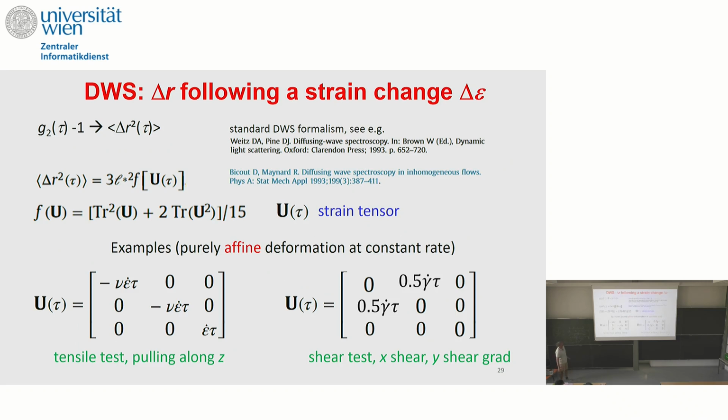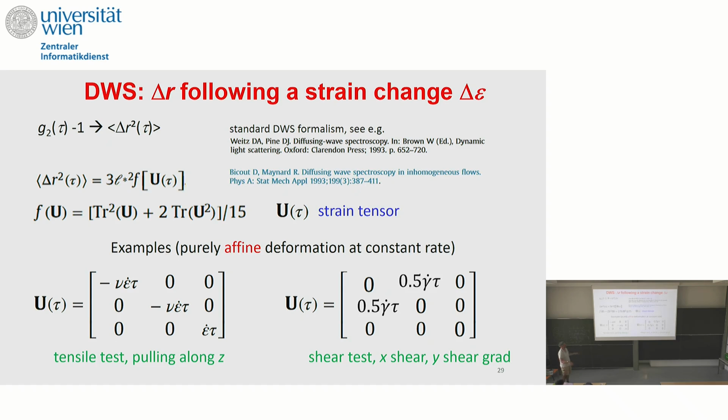One can do things more precisely. I don't want to go through the details. I will give you the slides if you're interested. The main point is that there is a standard formalism that applies to any kind of sample, not necessarily during a rheological test, that converts the g2 minus 1 function into mean square displacement as a function of time delay tau.